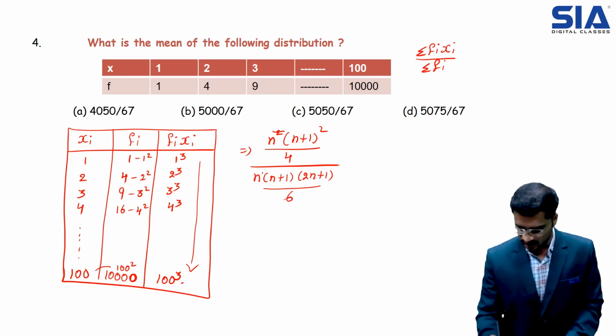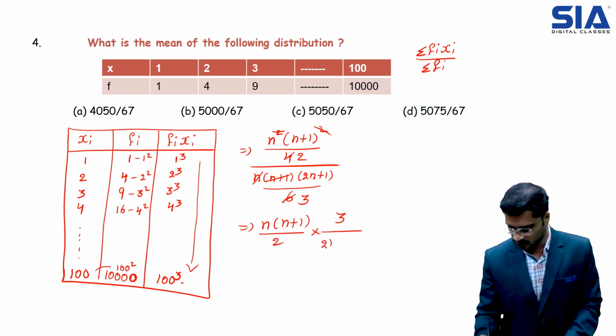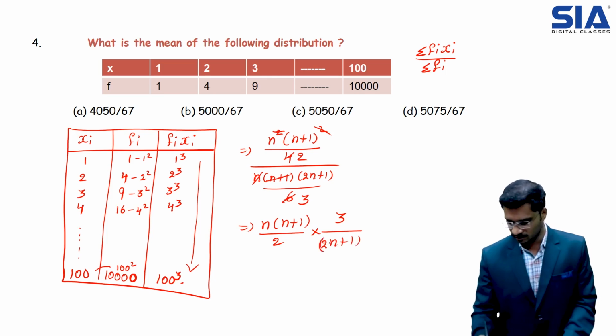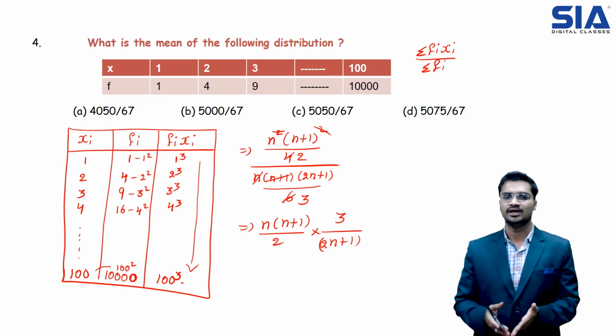So n gets cancelled, n plus 1 gets cancelled, 2 2s are 4, 2 3s are 6. So I'm left with n into (n plus 1) divided by 2, multiplied by 3 divided by (2n plus 1), because the 2n plus 1 divided by 3 goes to the upside and becomes 3 by (2n plus 1).